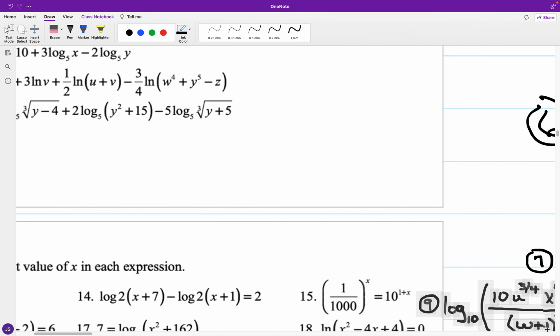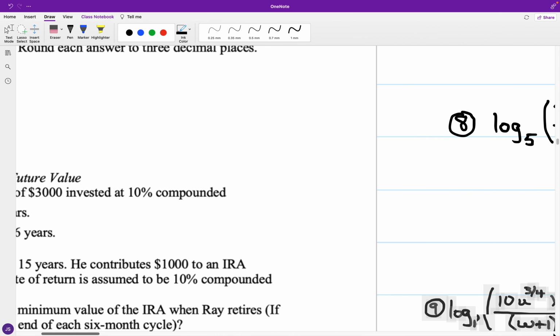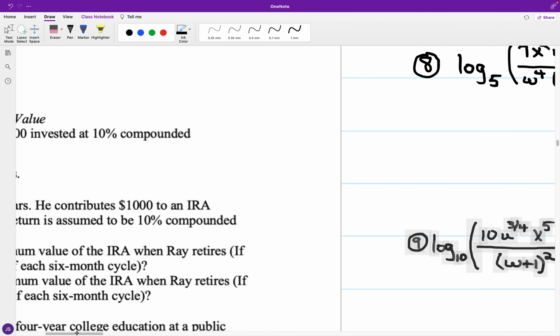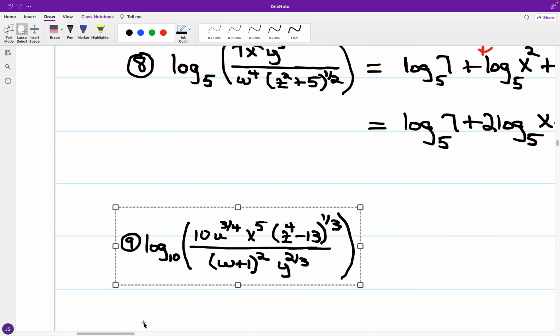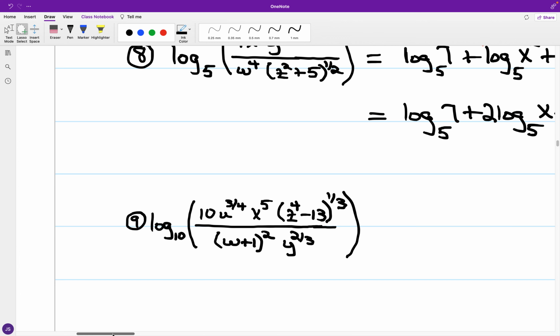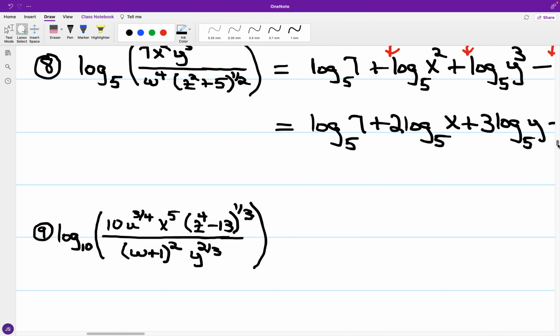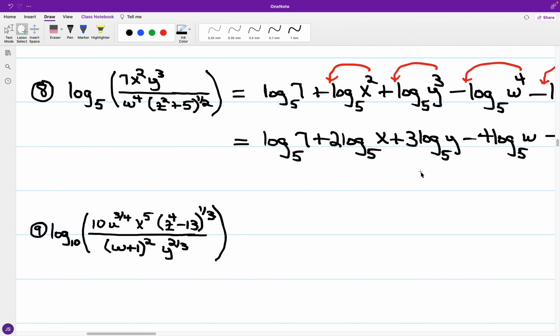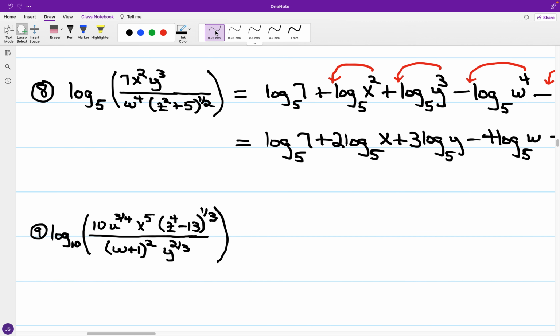So just looking at what we have here, there'll be somewhat of a common thread between numbers 8 and 9. Looking at expanding, this time around we have 4 factors in the numerator. Itemizing, we have the base 10 logarithm of 10, and with just 10, we have implicitly that we have 10 to the 1st.